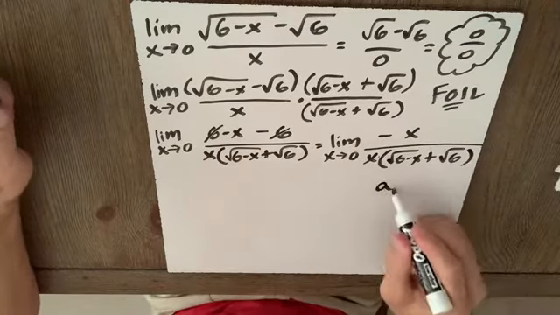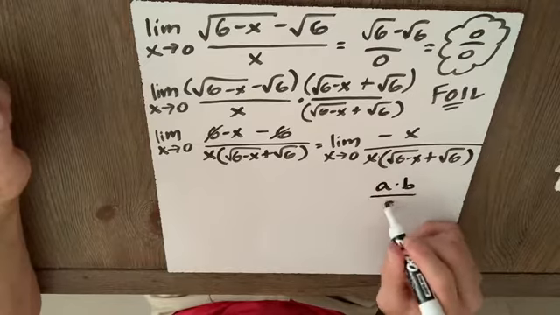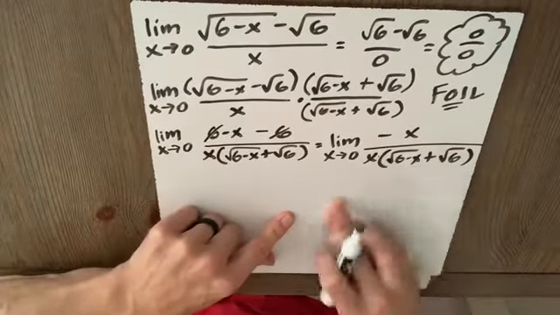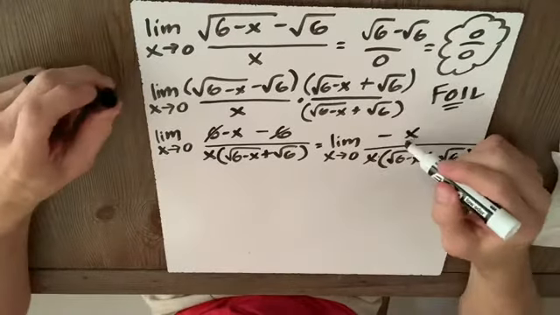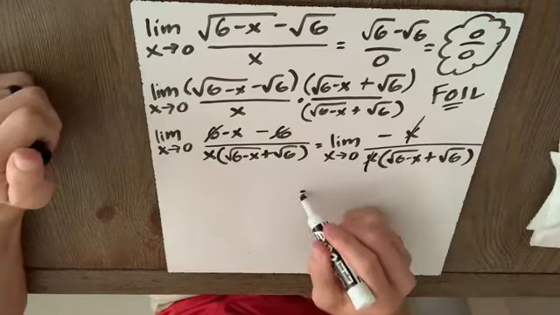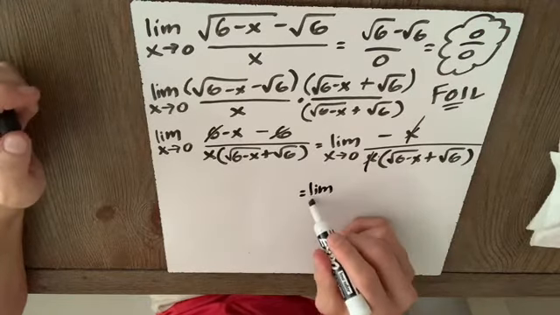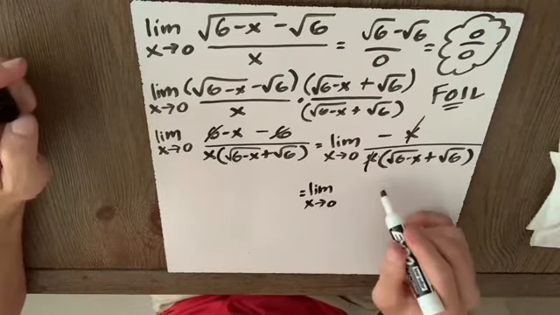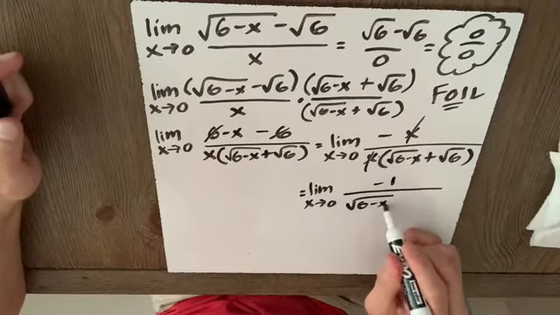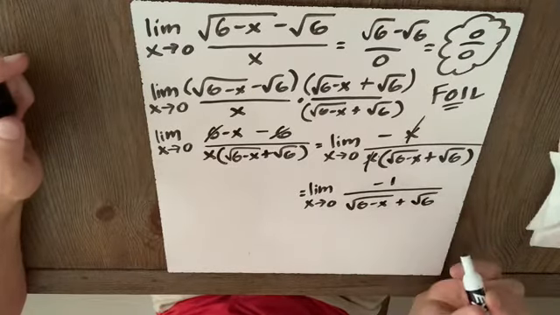Because if I have a times b over a, I can cancel those. I have multiplication here in the denominator, which allows me to cancel these. Now, it's going to be 1 over 1. They don't cancel to 0. So I'm left with the limit as x approaches 0 of the opposite of 1 over the square root of 6 minus x plus the square root of 6.